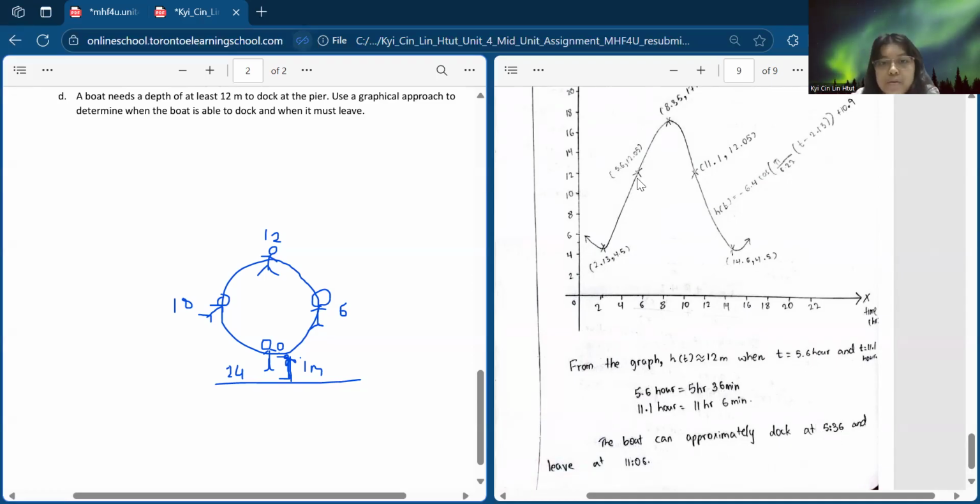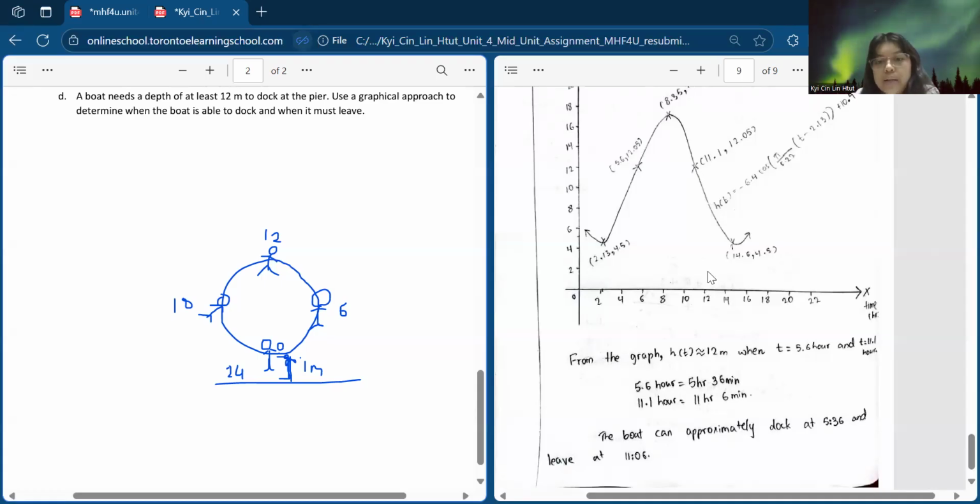And it can dock all the way to here until the water is descending. So at 11.1 or at 11 hours and 6 minutes, the boat should leave because it can no longer be docked, and the height of the tide will be less than 12.